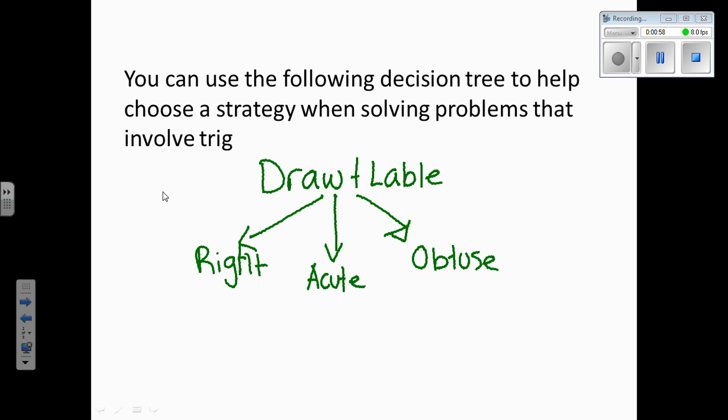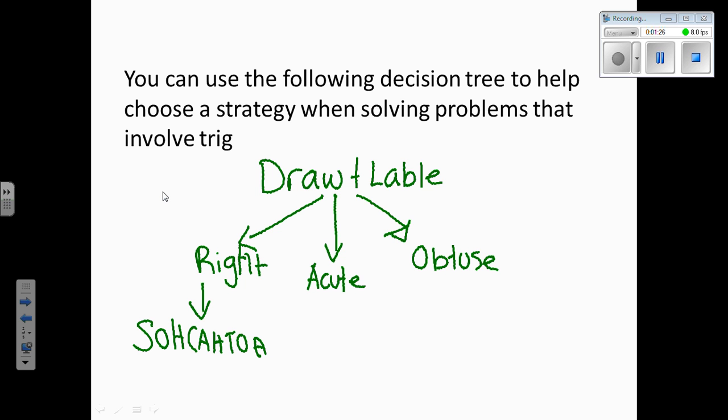You're going to draw and label your triangle. We know that it is going to be either a right triangle, an acute, or an obtuse triangle. If it's a right triangle, you're going to use the basic rules of SOHCAHTOA.